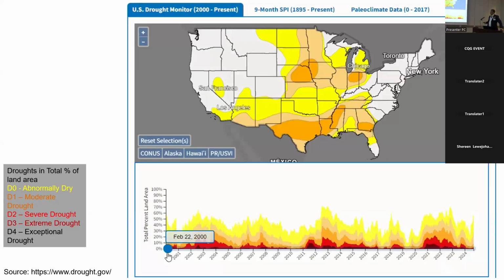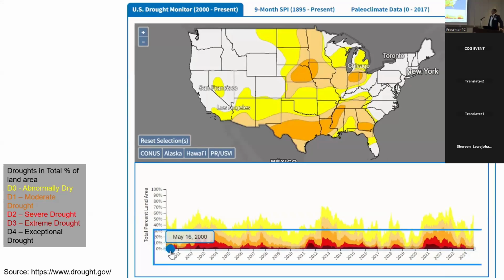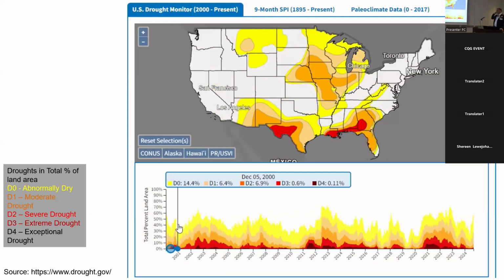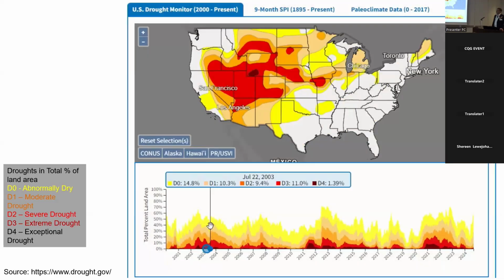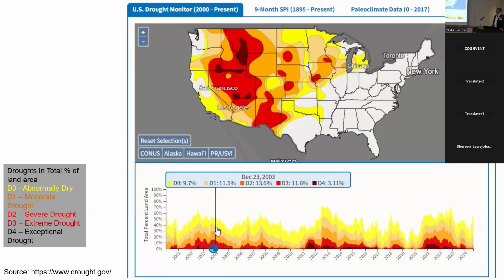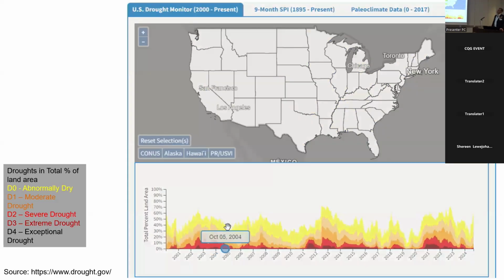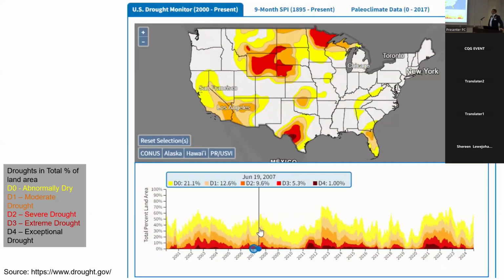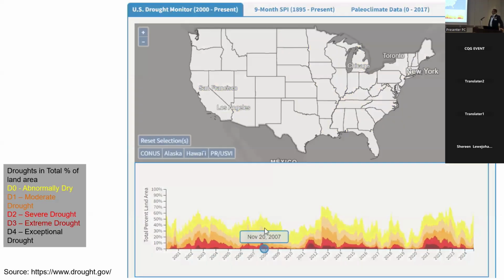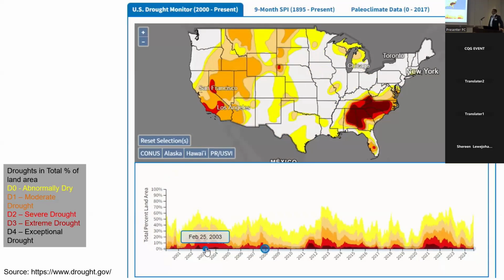So to start with, we can see here that we have different levels of droughts. The yellow part is sort of the least important, and as we go into the darker areas, this is where the droughts are more extreme.